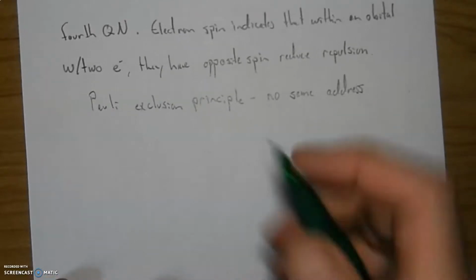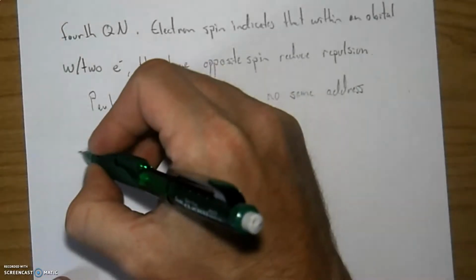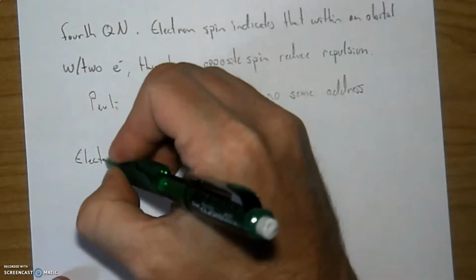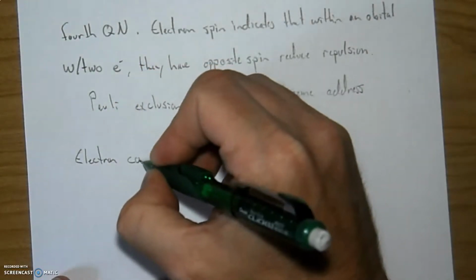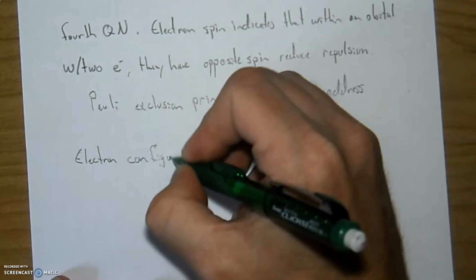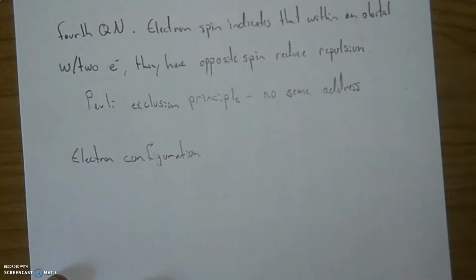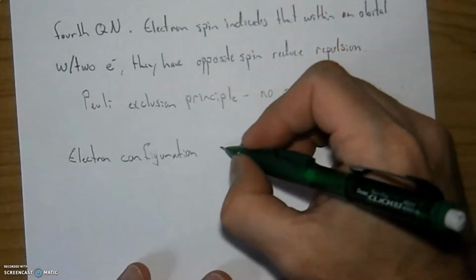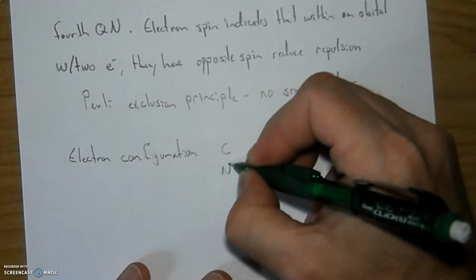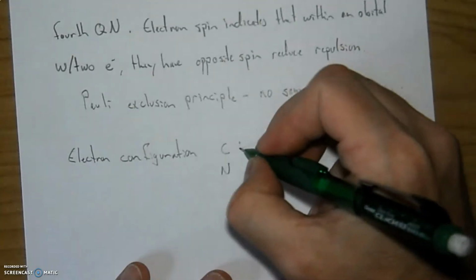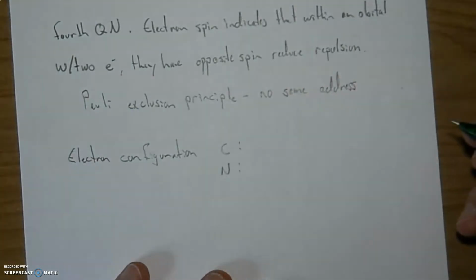Okay, let's talk a little bit about electron configuration. For electron configuration, we'll talk about 2 close neighbor elements, carbon and nitrogen.